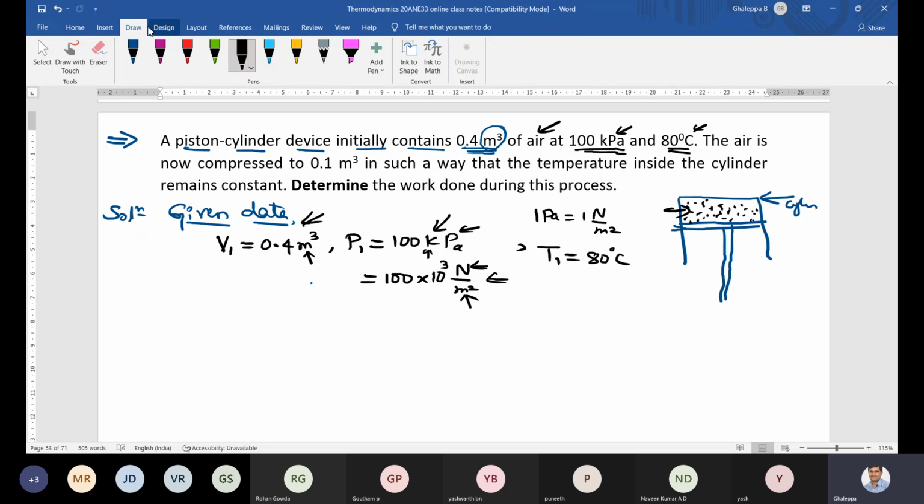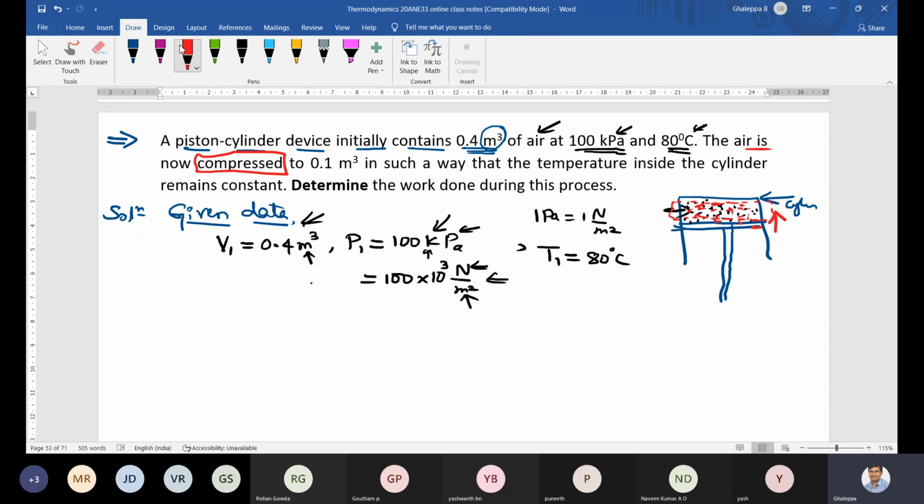Next point. Read the next line. The air is now compressed. Important word: compressed. The system is air. So this air is compressed. Compressed means volume of the air increases or decreases? Decreases, because the piston has to move upward so that air gets compressed.